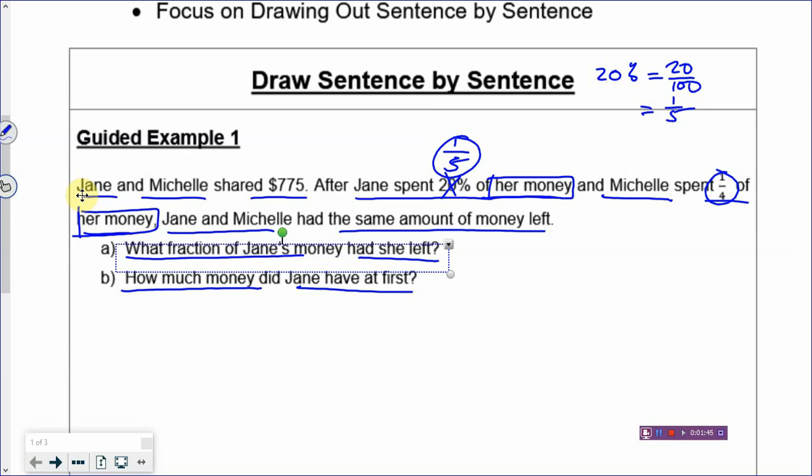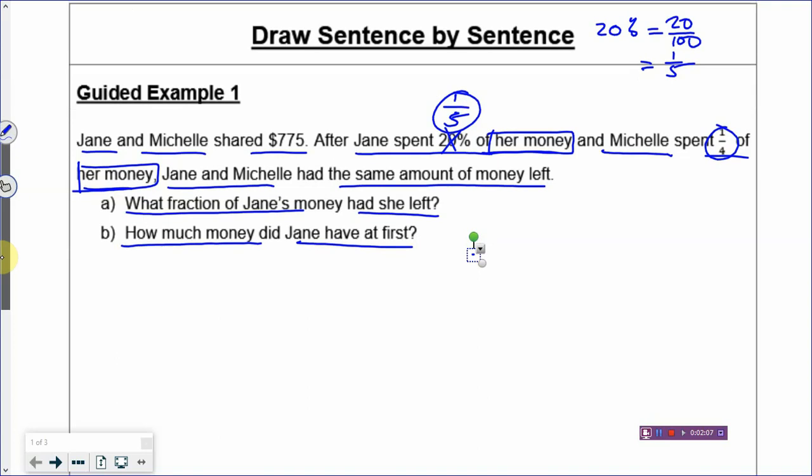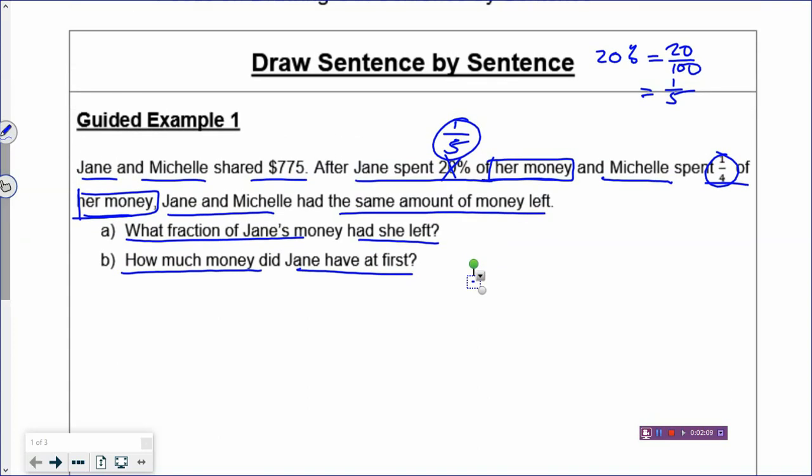They actually refer to different people's money. 1/5 refers to Jane's money, and 1/4 refers to Michelle's money. So the two fractions refer to different persons' money. So you can't make the denominator the same. Then we can still draw the model.